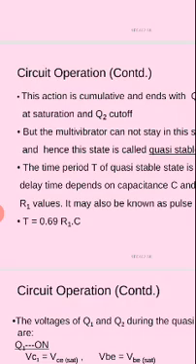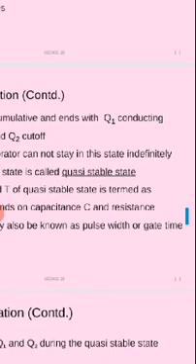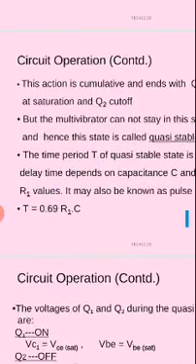It may also be known as pulse width or gate. T equal to 0.69 R1C.